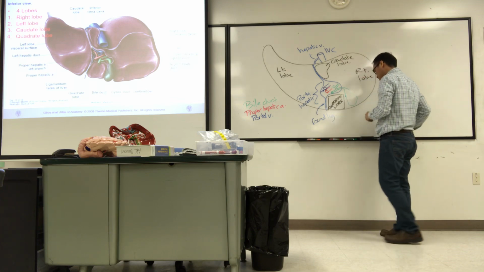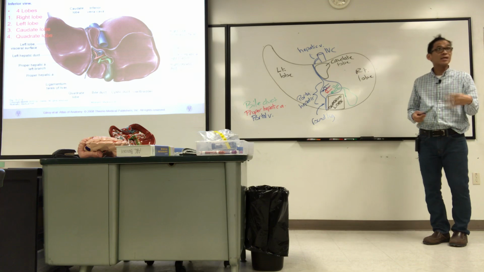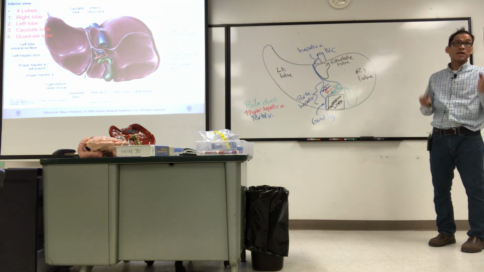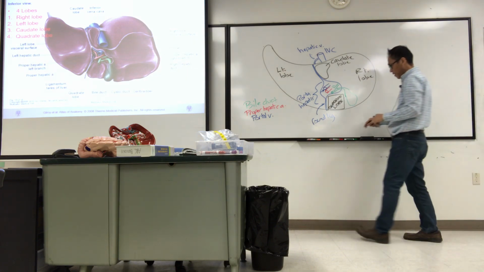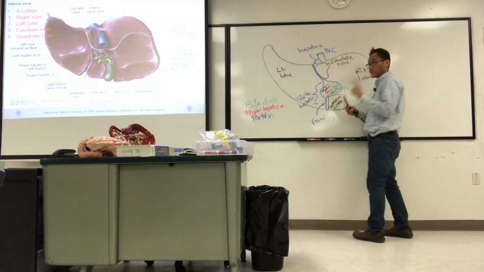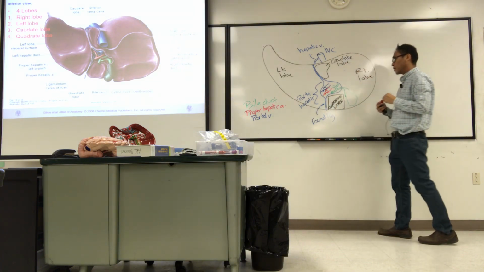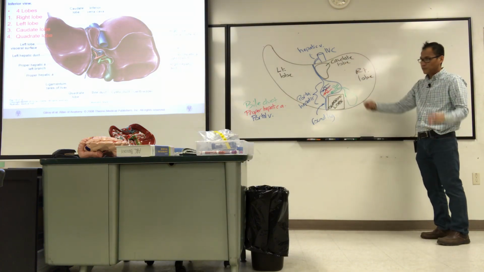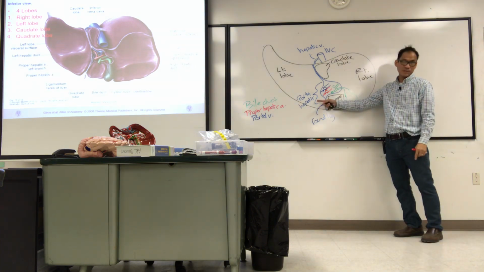The portal vein is all the nutrient-laden blood that came right from your intestines, but it does not have oxygen. Gas exchange already occurred at the intestinal capillaries. So that's why you need another blood vessel, hepatic artery, to supply oxygen-rich blood. So these three things are the contents of what's called the porta hepatis. Okay?